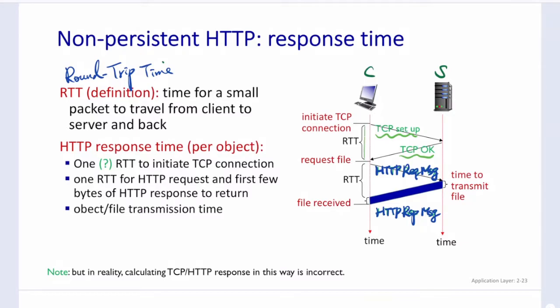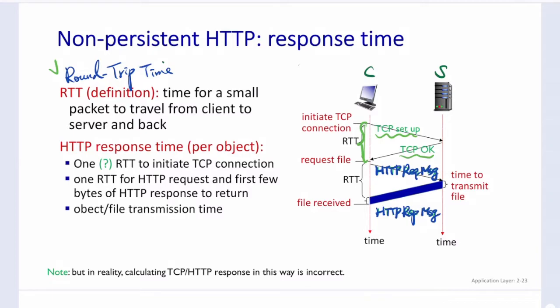We call it RTT, that is round trip time. It is the time for a small packet to travel from the client to a server and go back. So this time span is one round trip time, and it takes one round trip time for the client and server to establish the TCP connection.